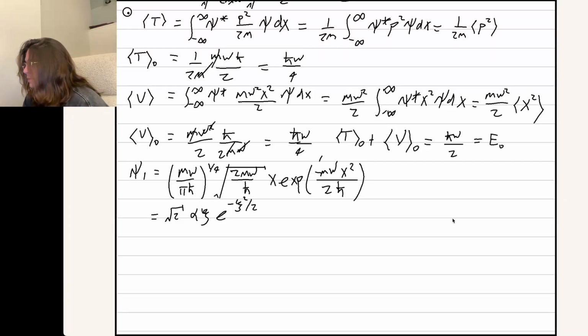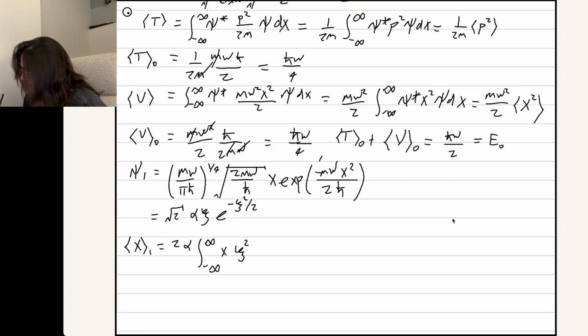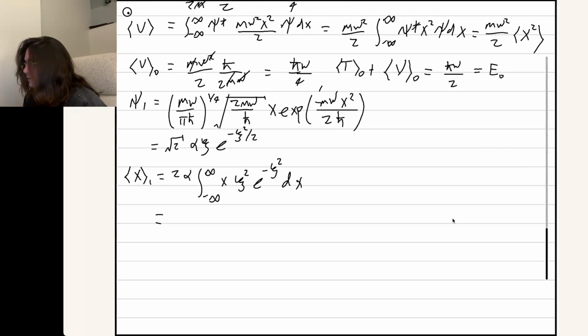Okay. And so expectation value of position for that is going to look like 2 alpha out front. And then we'll have in the integral an x times xi squared times e to the minus xi squared dx. And we'll change that x over to a xi and the dx to a dxi by multiplying by h bar over m omega.